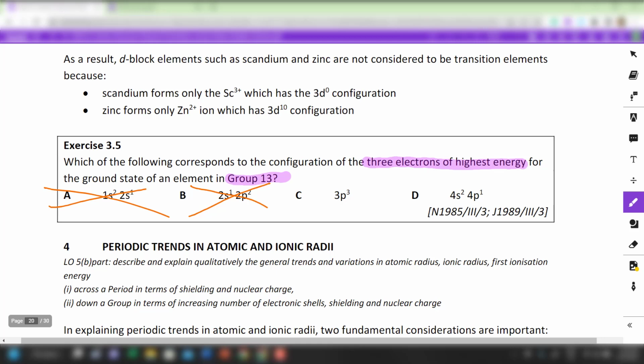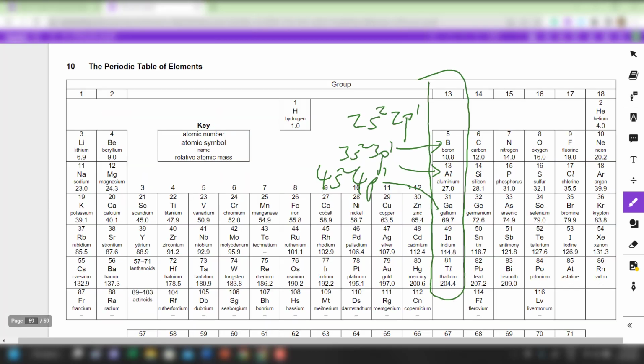I don't think that is going to be the highest because of the other choices. We are not looking at this one because this is 3p3. Again, some excitation is needed, so they are not ground state. So it's not correct. The only option we are left with is D, which corresponds to gallium, 4s2, 4p1.